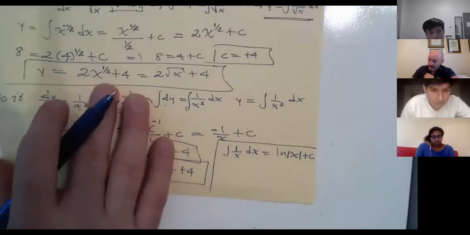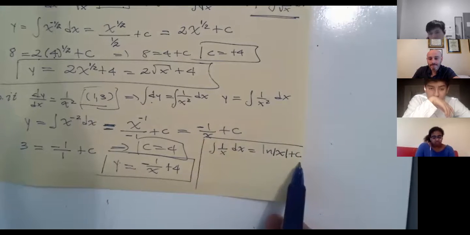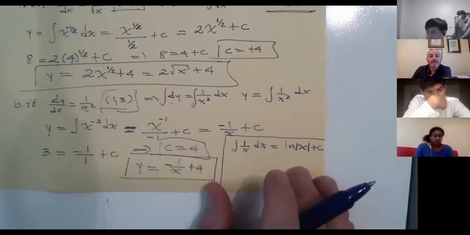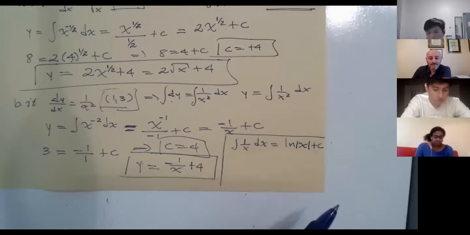B, right? Yes. The plus C, where did you get the plus C? Okay, the plus C is because what's the derivative of a constant? Just 0? Uh-huh, the derivative of a constant is 0.